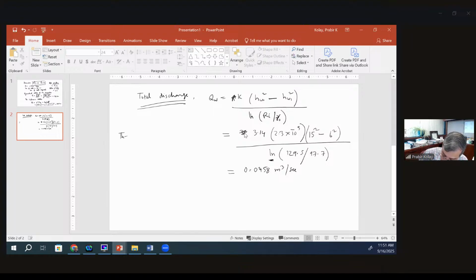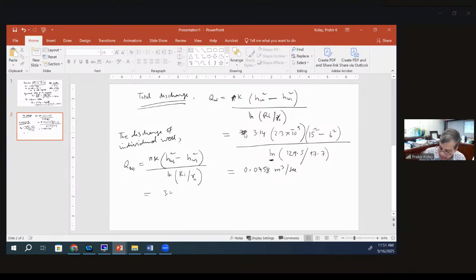Q w1 you can easily find out with pi k, a similar type of equation: hw0 squared minus hw1 squared divided by ln of Ri divided by R naught 1. The only difference is the individual diameter of the well. So you can calculate everything.